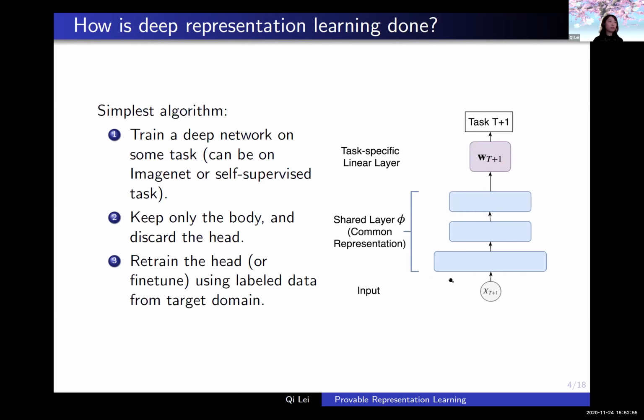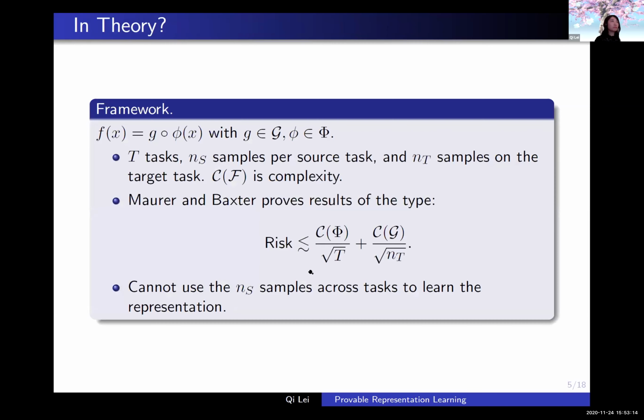In the future, when we want to transfer the representation to the target domain, we just keep the common representation, discard the previous linear layer, and only train a new linear layer for the target domain, and maybe also fine-tune the representation. We want to see if this procedure can help us.